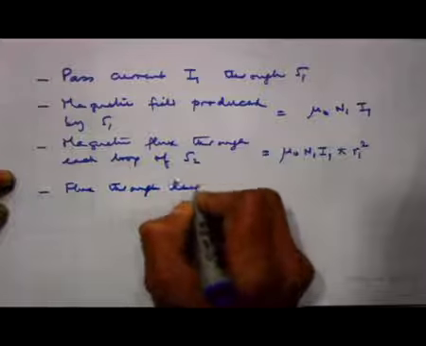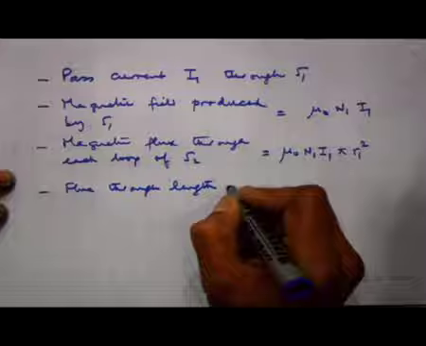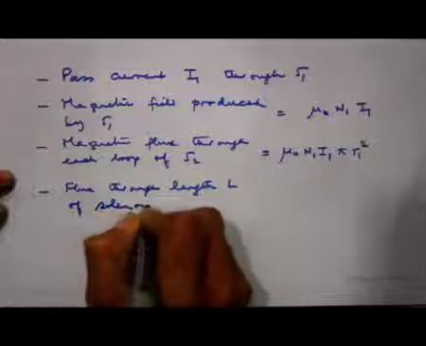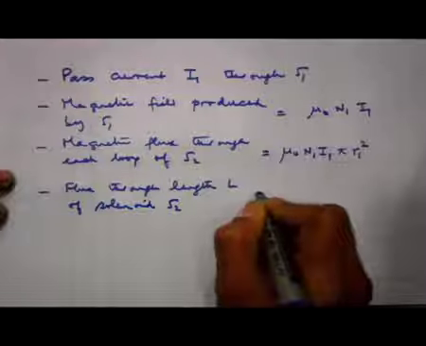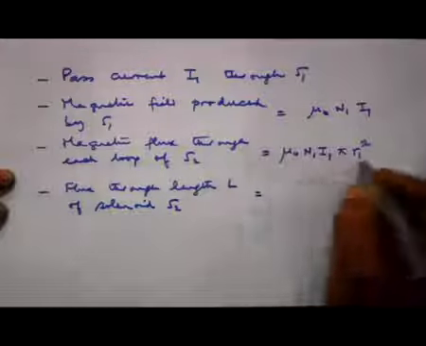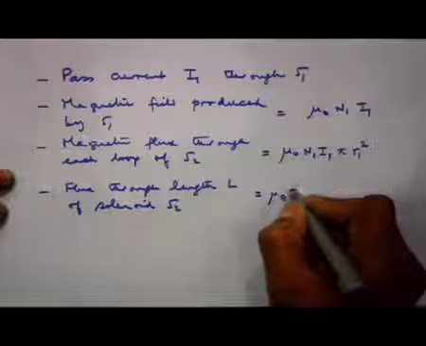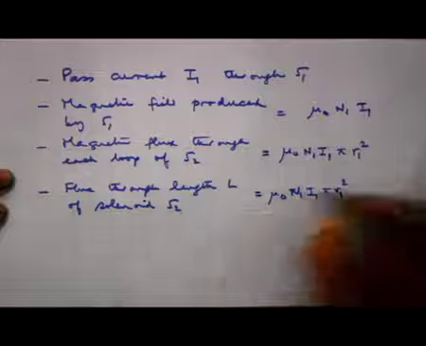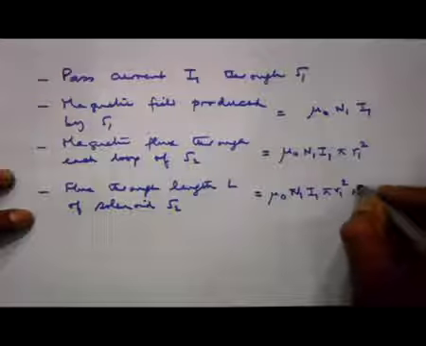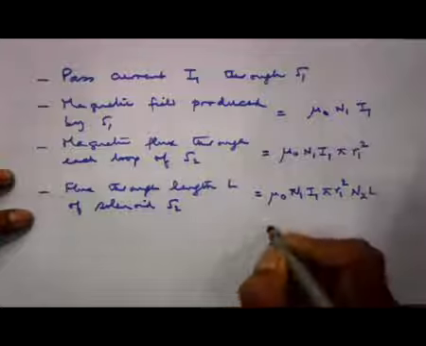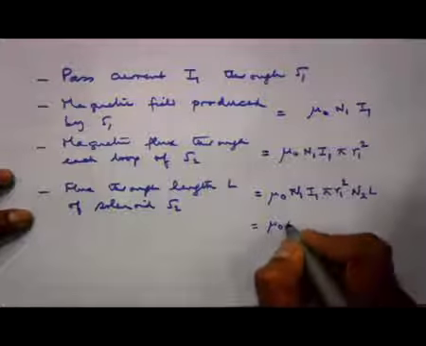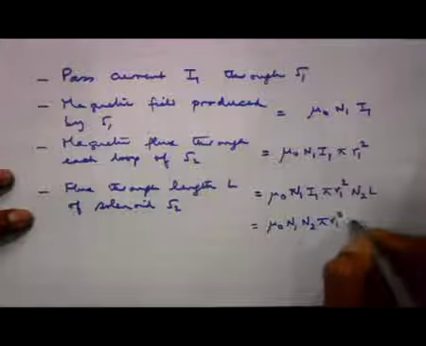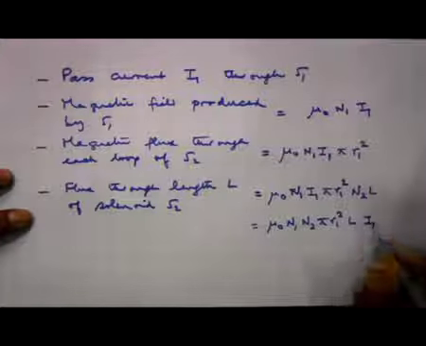So, the flux through a length L of solenoid S2 is equal to the magnetic flux through every turn, mu naught N1 I1 pi R1 square, into the number of turns in a length L, which is N2 times L. So, this is equal to mu naught N1 N2 pi R1 square L into I1.